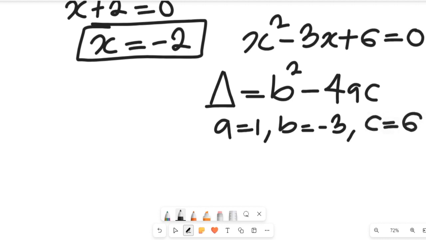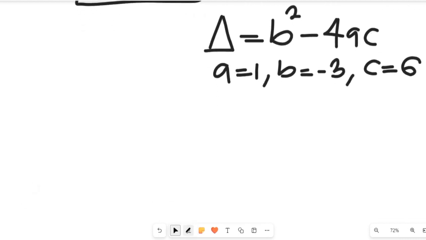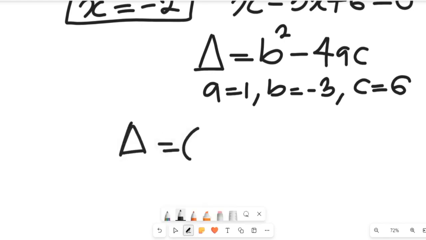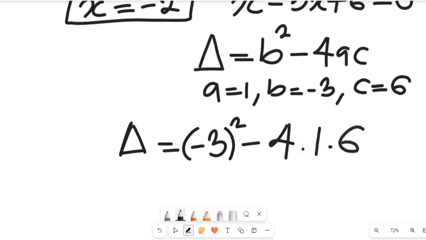So if we simplify that, the discriminant will be equal to b squared, which is negative 3 squared, minus 4 multiplied by 1 multiplied by 6. Negative 3 squared gives us 9, minus 4 times 6 gives us 24.